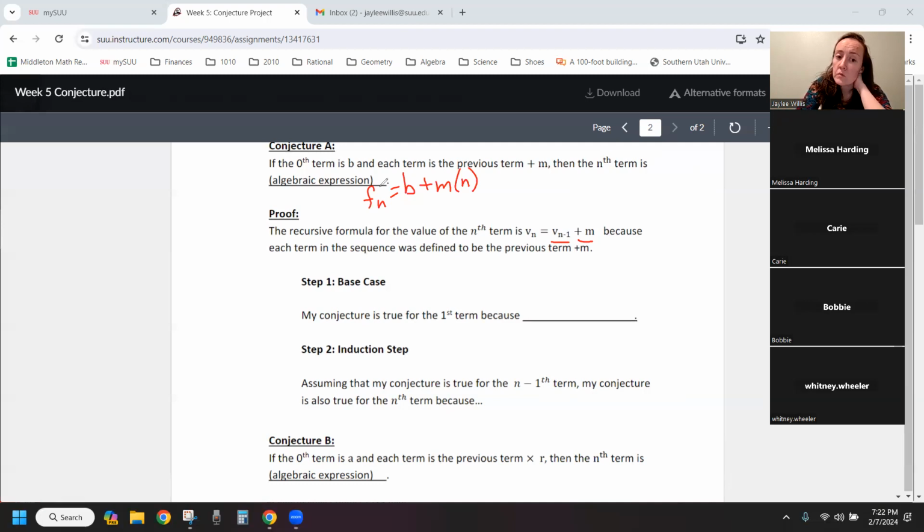According to the problem that was given to us, the 0th term is b. So we just need to prove that f of 0, because that was our first term, really does simplify to equal b. So does anyone have any ideas of how we could prove that?